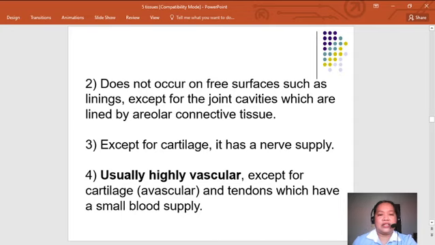Second, it does not occur on free surfaces such as linings, except for joint cavities which are lined with areolar connective tissue. Except for cartilage, it has a nerve supply. Usually highly vascular, except for the cartilage, which is avascular, in hyaline also, and tendons which have a small blood supply.